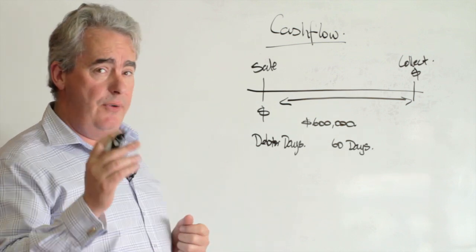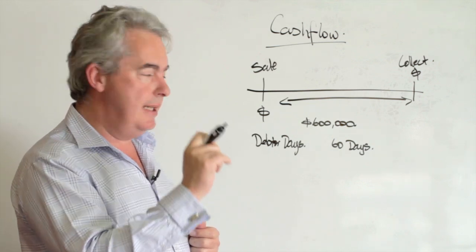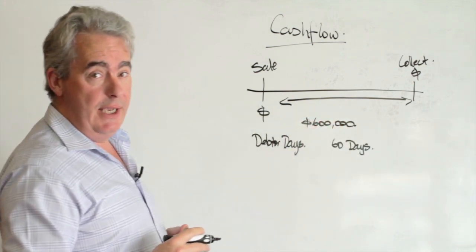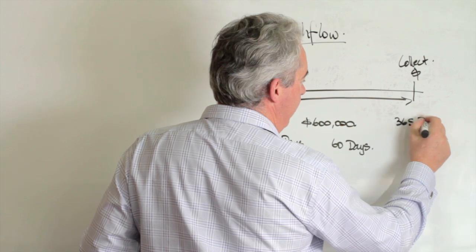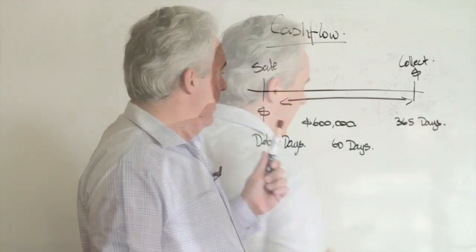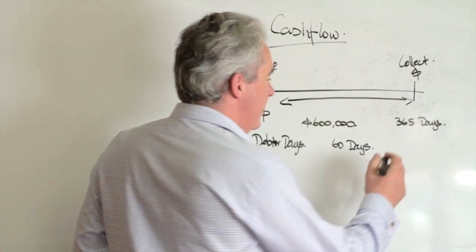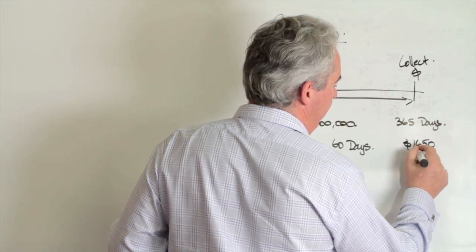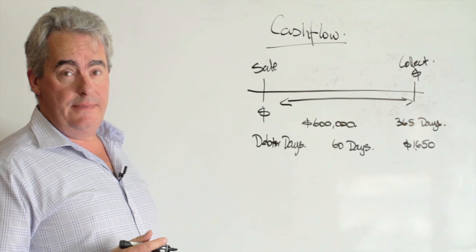Now you can do a very, very simple calculation here as to the value of collecting your debtors a bit more quickly. So if we've got $600,000 worth of debtors, we've got 365 days in the year. Okay? $600,000 divided by 365 days results in an amount of around $1,650 per day. So they were running on 60 days.